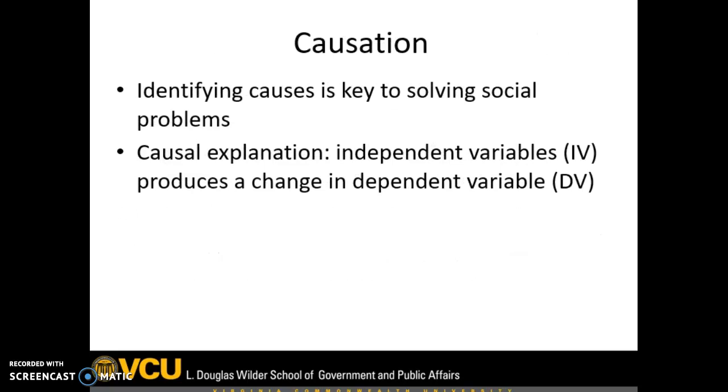Another term that is very important in this course is causation. What is causation and why is it important? In order to solve social problems, we need to know what causes them. There is a causal explanation when we can demonstrate that independent variables produce a change in a dependent variable. In the earlier example, our dependent variable is the rate of smoking.